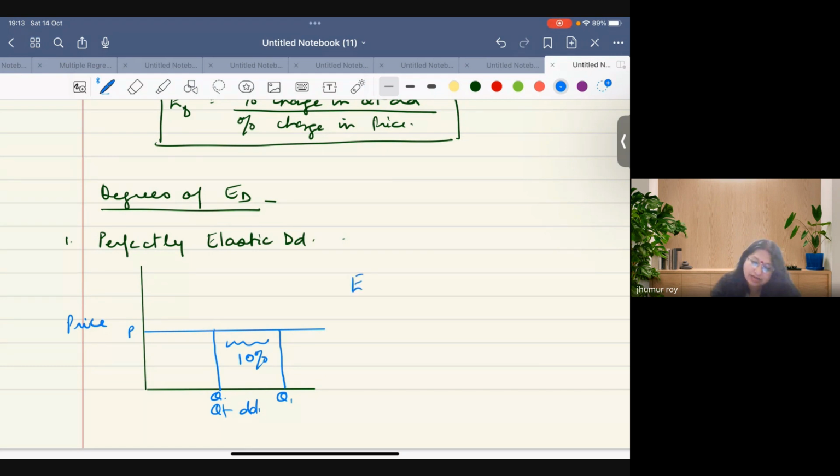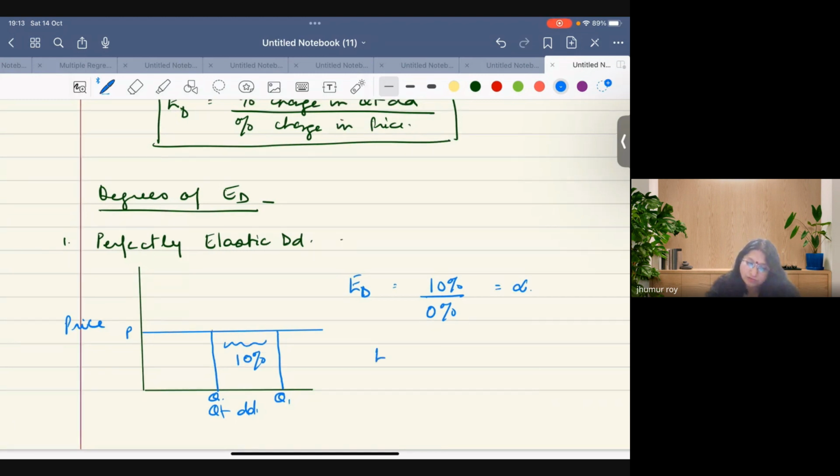So I'm saying there is a 10% change in quantity demanded. How do we write elasticity? Elasticity of demand is equal to 10% divided by 0%. So this will be equal to infinity. Anything divided by 0 is infinity. So in this case, elasticity of demand is equal to infinity.